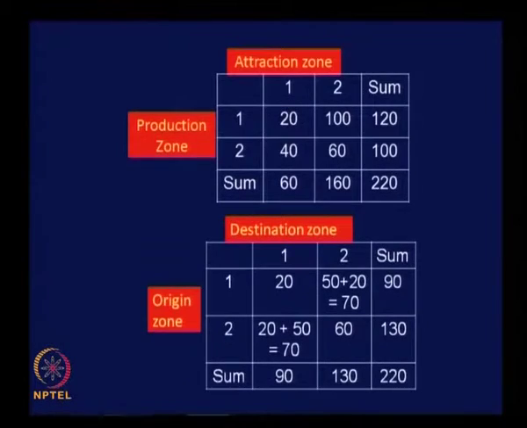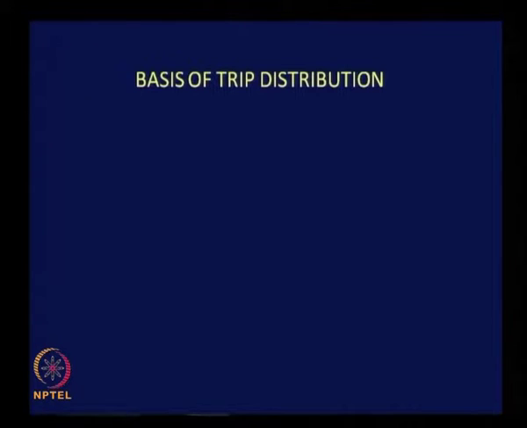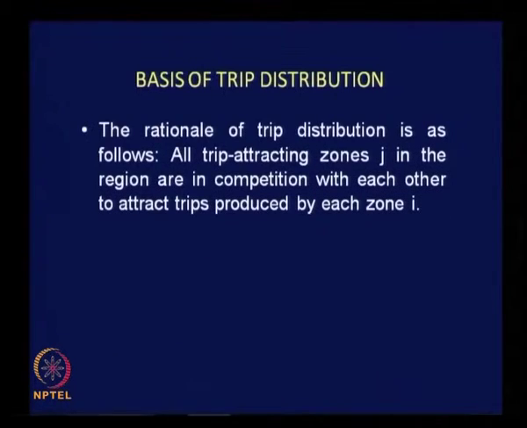Let us try to understand certain basic aspects of trip distribution. The rationale of trip distribution is as follows: all trip attracting zones J in the region or in the urban area are in competition with each other to attract trips produced by each zone I. This is the basis.